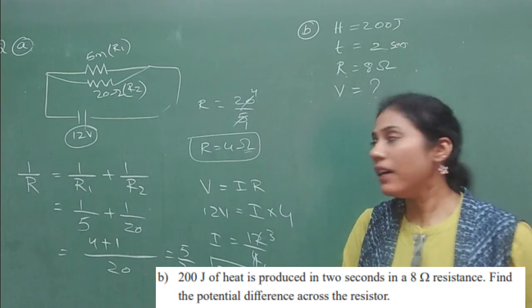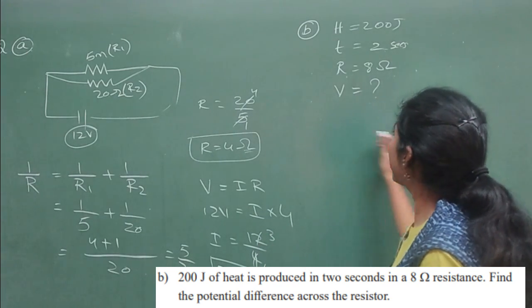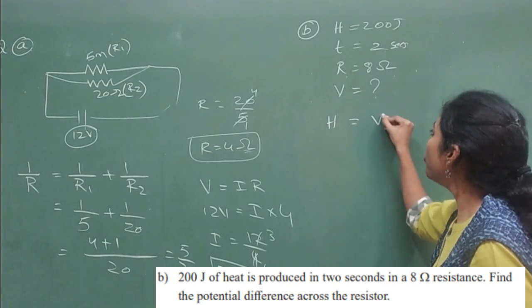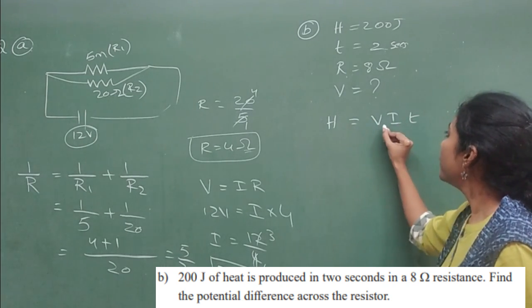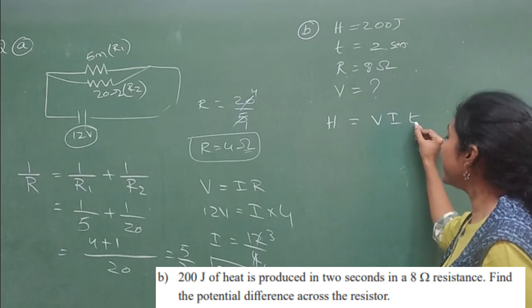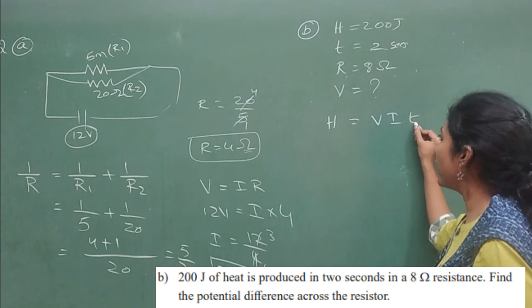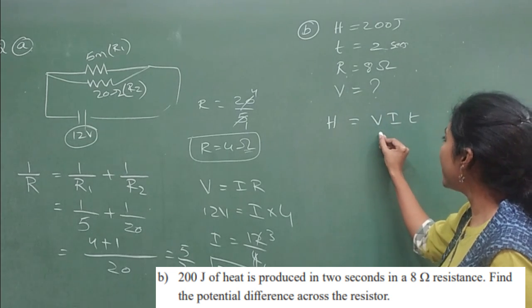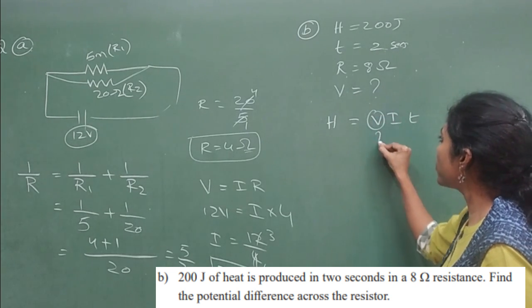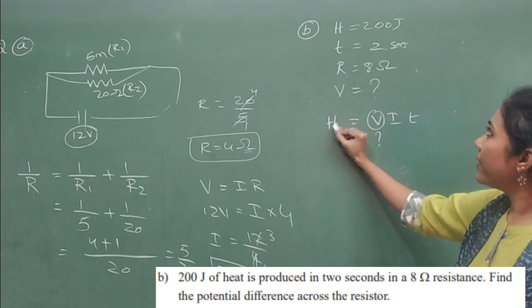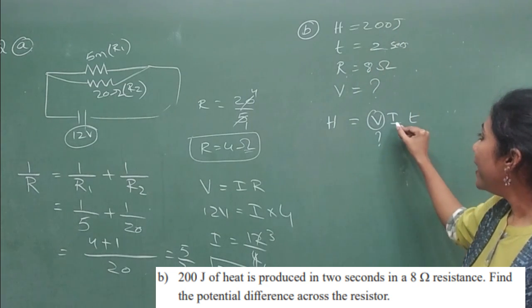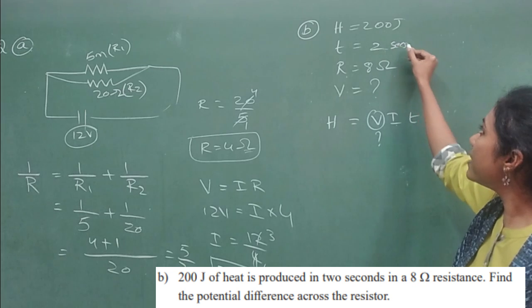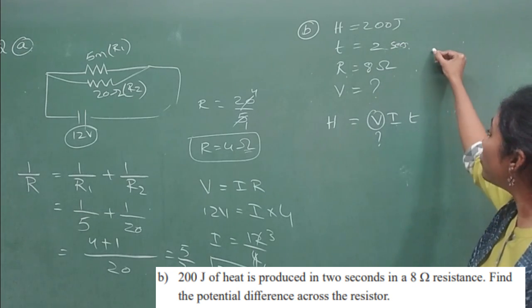So which formula do you use here? Very simple, you have Joule's law of heating, right? So H is equal to VIT. Voltage into current into time. So this formula you can use. And see here, V is what they are asking you to calculate. So this is a question mark. H is given, 20 joules. And I is not given actually. Time is given, it is 2 seconds. But how do you calculate I?